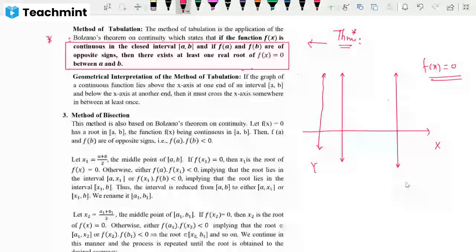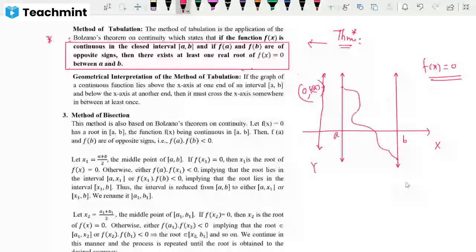At a, the value of this function is positive, so f(a) is here somewhere. Its value at b is negative, meaning f(a) and f(b) have opposite signs, so f(b) will be here somewhere, and the graph of this function will be like this.